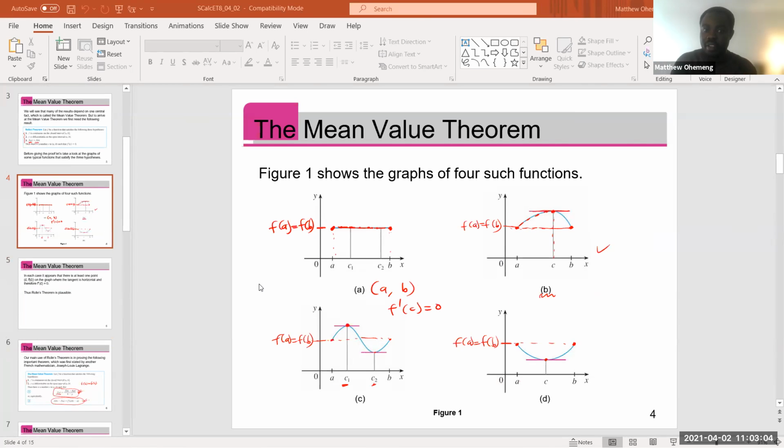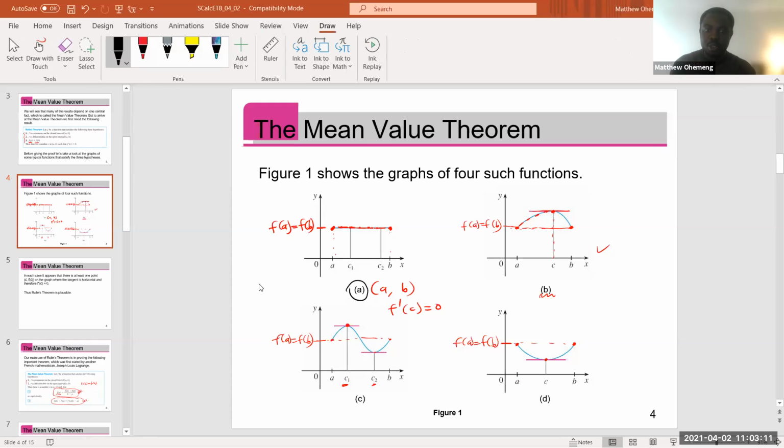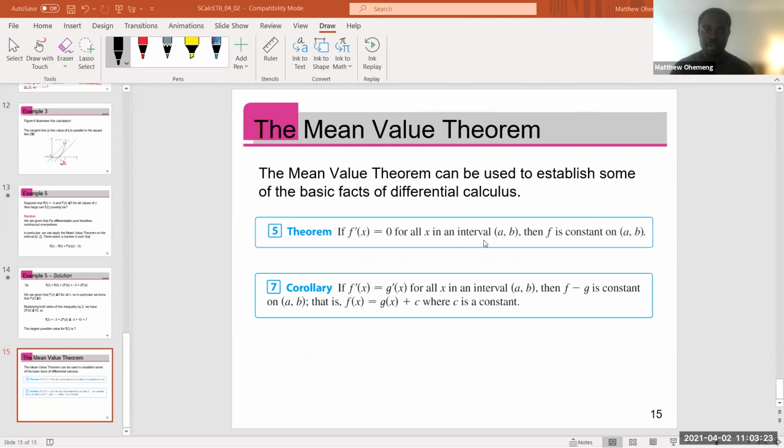And as you can see, this function is horizontal. It's a constant. So that theorem is based on this first example. What it's saying is, if your derivative is 0 on an interval, then your original function is constant on that interval. So that's one of the fundamental theorems.